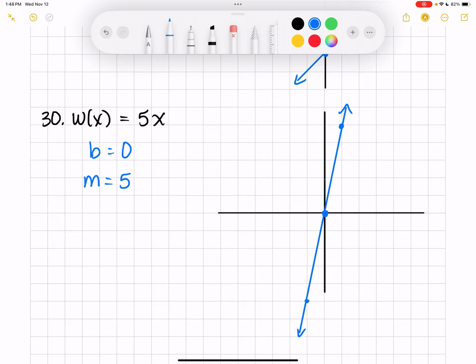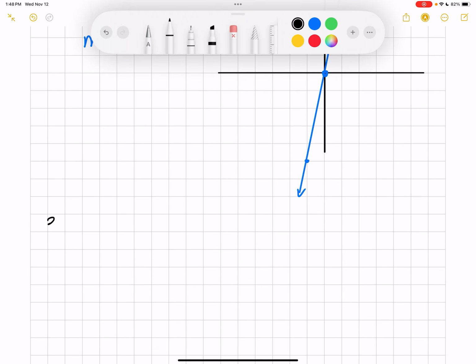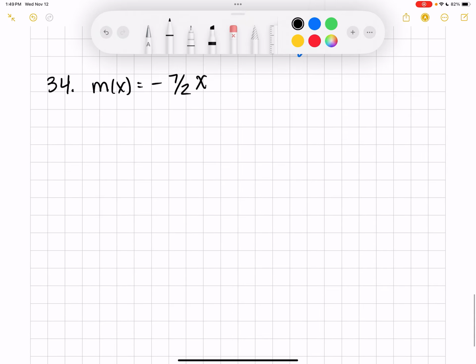All right, I want you to try this last one by yourself, and then we'll go over it. Not 32, it's 34. M of x is equal to negative 7 over 2 x. Now, this one will be a kind of large graph, so if you just do 2 points on this one, that's fine. If you want to do all 3, be my guest, but it's big, so if you don't want to take up an entire sheet of paper, you can count by 2 or something.